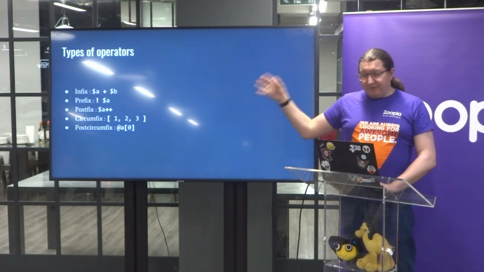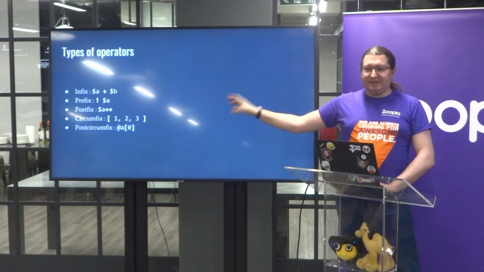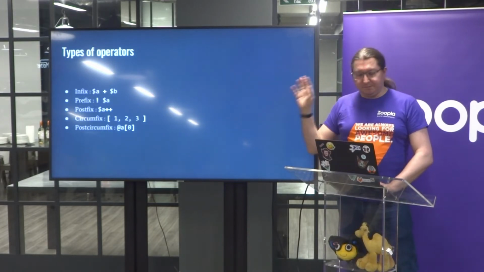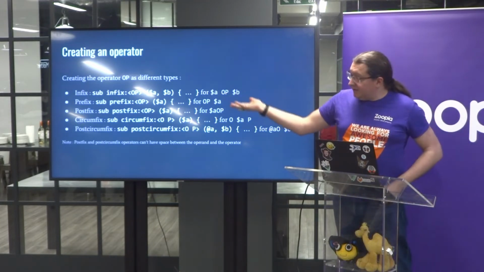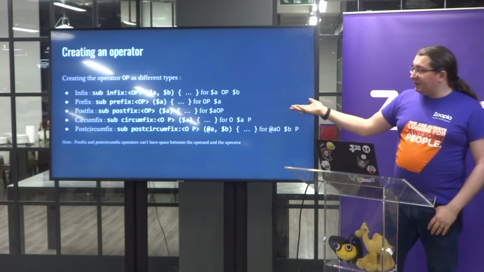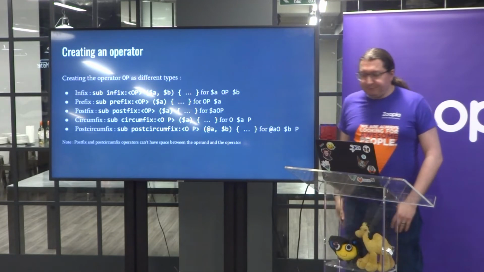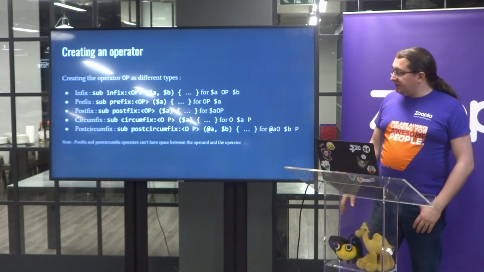Pretty much every single operator in Perl6 is defined using these things. There are a few special cases, but mostly they are defined like so. You can create an operator and it's just a subroutine. So for an infix subroutine, you use the infix colon name convention, and prefix, postfix, and this kind of stuff.